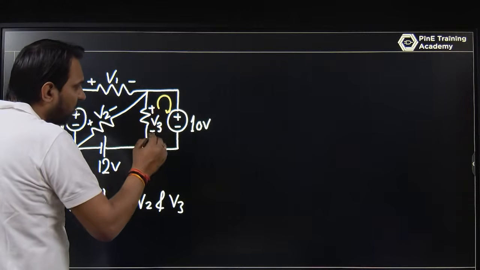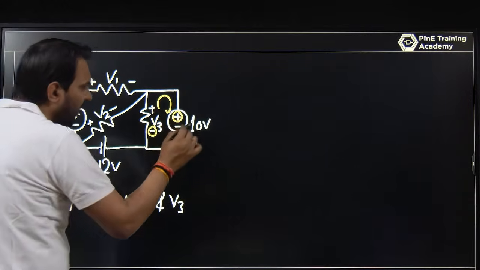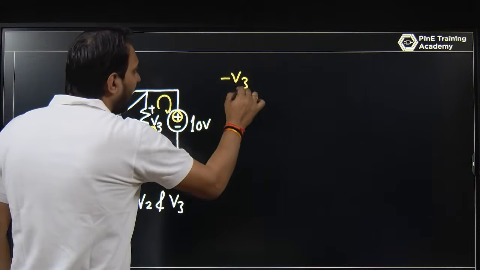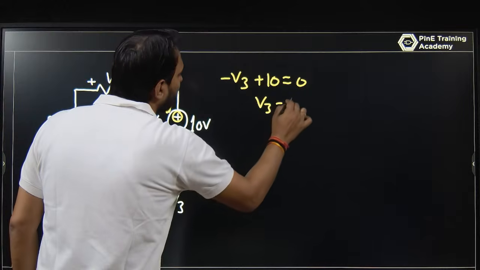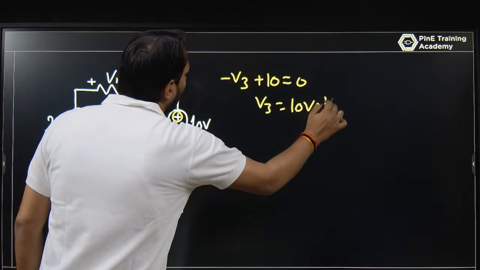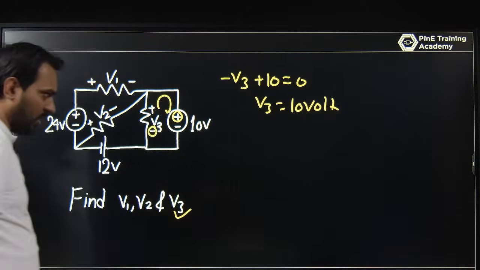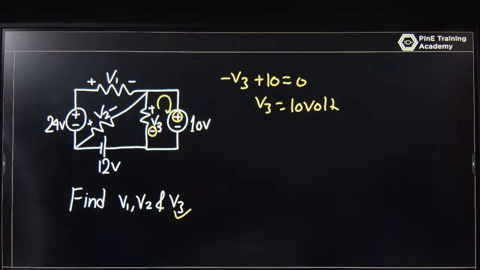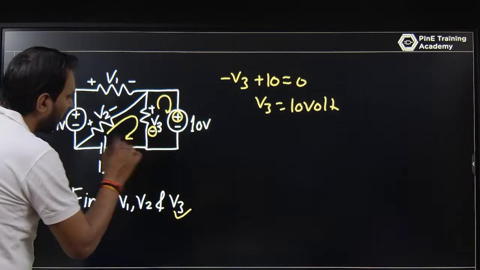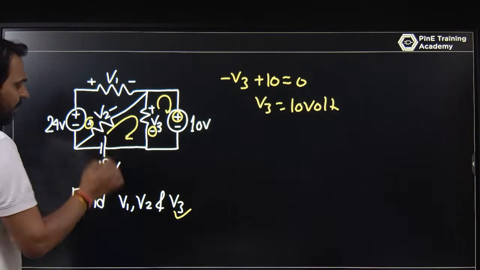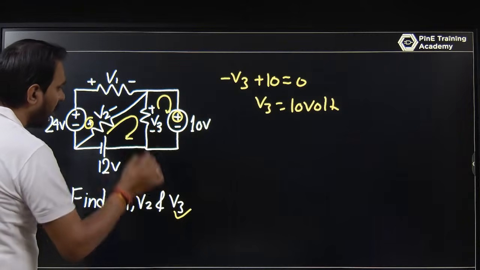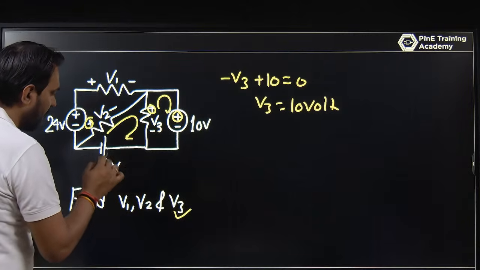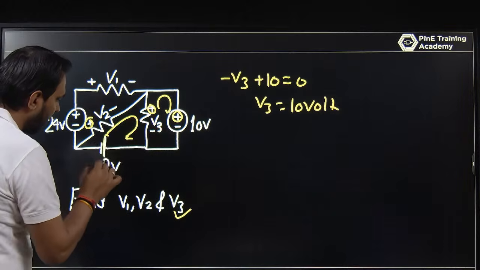If you are using this loop, this is a first sign, this is a first sign, so this is minus V3 and this is plus 10. So V3 is equal to 10 volt. This is one line, you know V3. If you know V3, you can use this loop. This is first sign, this is first sign, this is first sign.